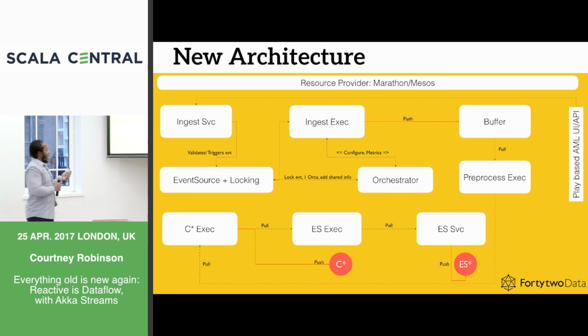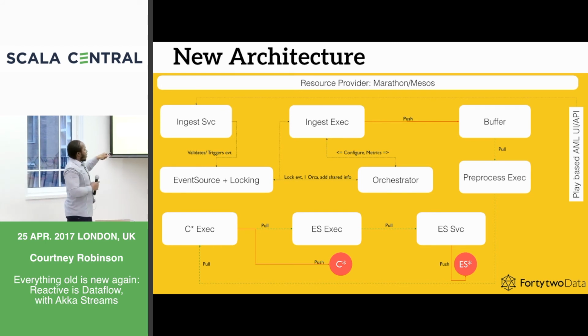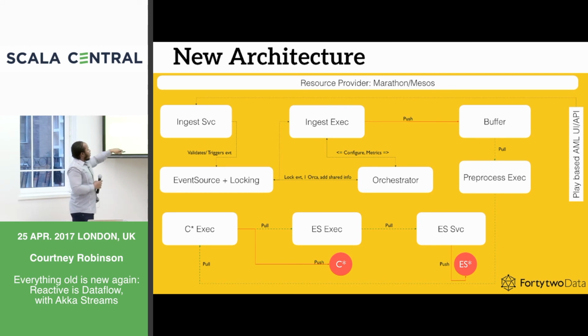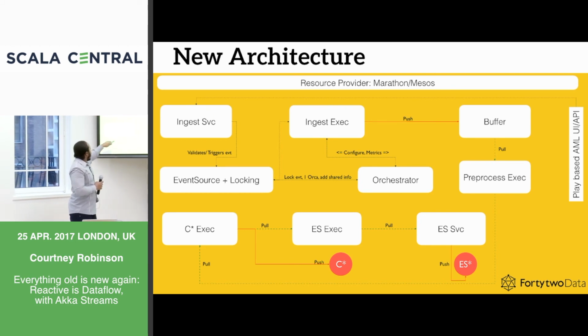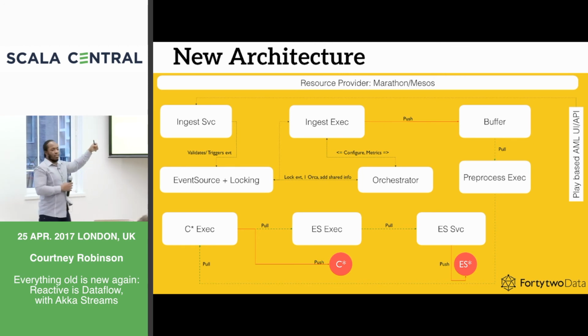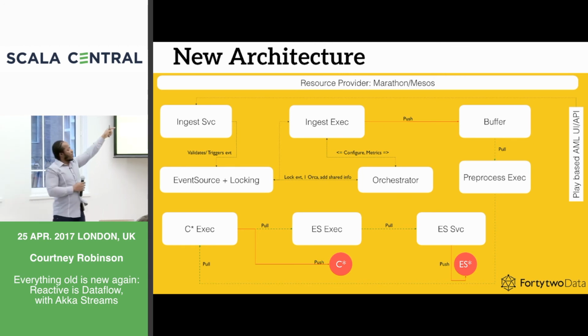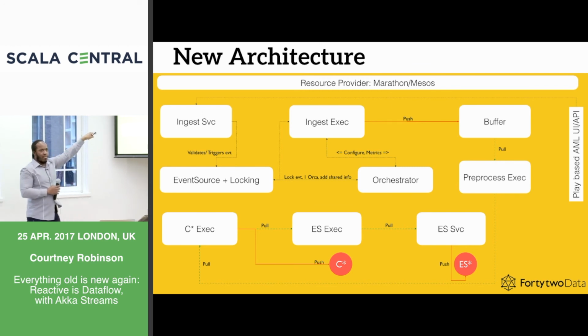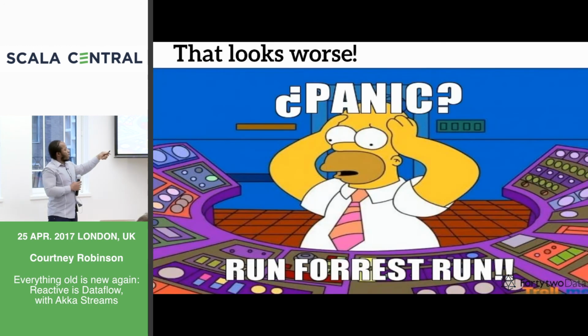As you go downstream, unless, for example, the Cassandra executor pulls data, nothing happens upstream, so the data just stays in Kafka. You have to start pulling downstream for anything upstream to happen beyond that buffer, and that's mainly why the buffer is in place. The rest of the flow is similar to the old architecture.